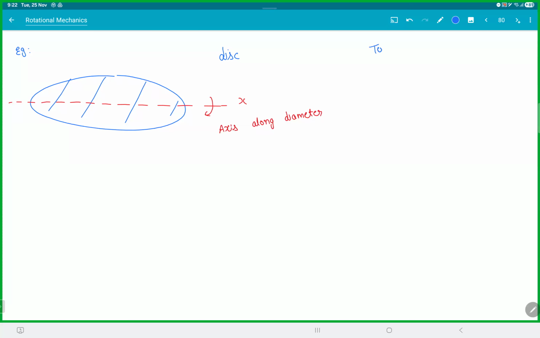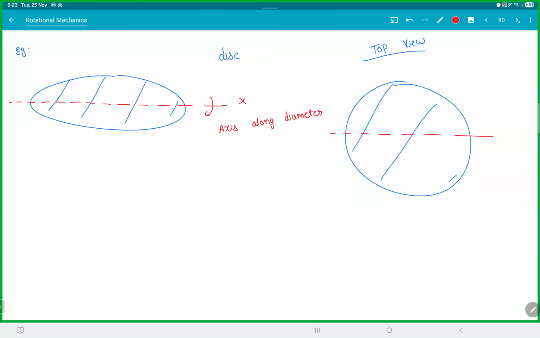So this is the top view. This is your x-axis. Now, how to use perpendicular axis theorem? We will choose one more axis perpendicular to this. That will be the y-axis, and these two are perpendicular. Now we know about an axis perpendicular to the plane, Iz.